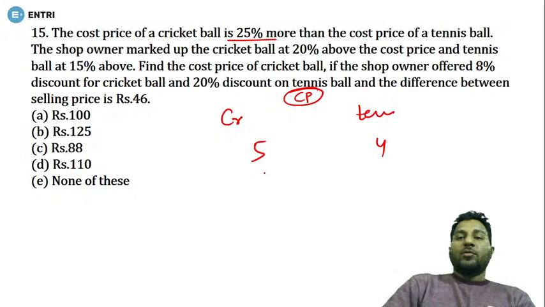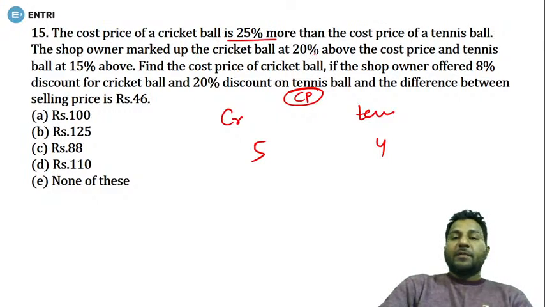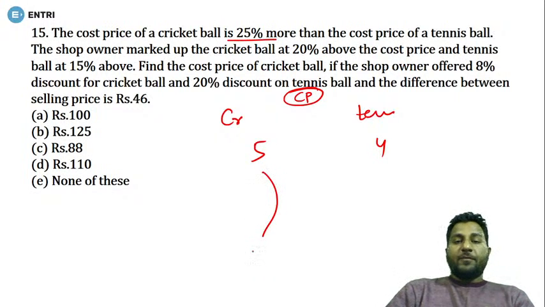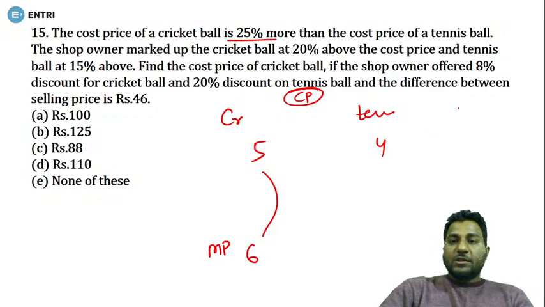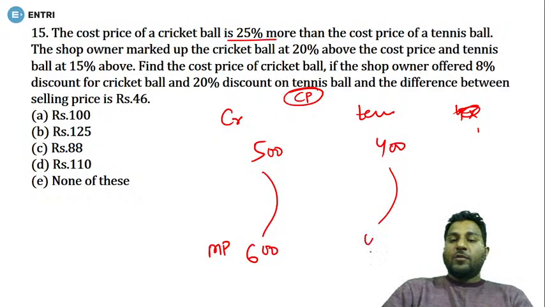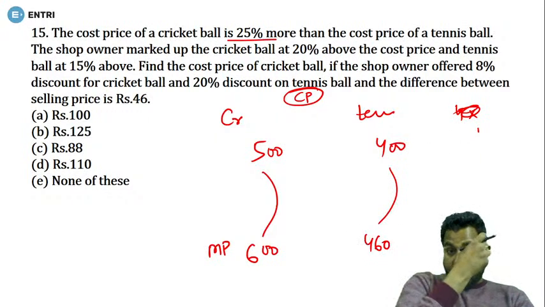So the cricket ball MRP would be 6, and the tennis ball at 15% above. So 15% of 4. Let's say 500, 400. So it will be 600. So 15% means 60 above, so 460.